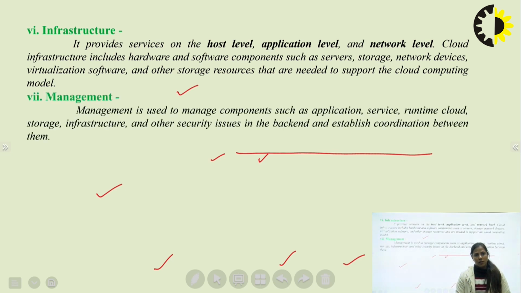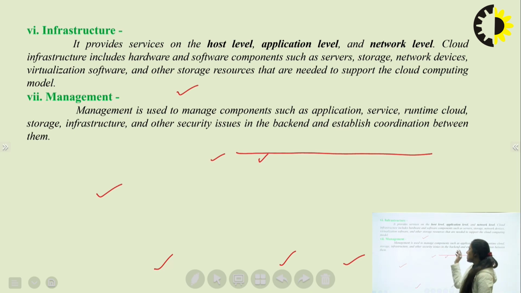Now, the next component is management. We have different components like the runtime environment, storage, and infrastructure. To manage all these components, all these applications, and the communication between them, there is a requirement for a management component.